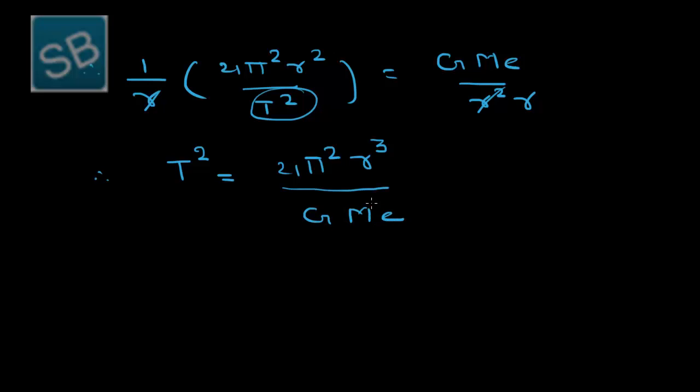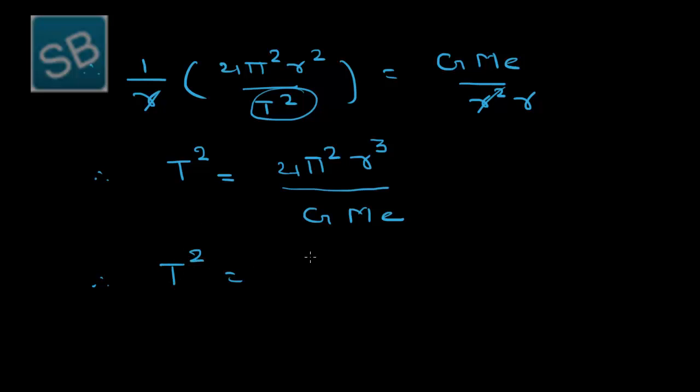Now in this particular equation, some of the terms are constant. See, this 4 is constant, pi square is also constant. The value of universal gravitational constant and the mass of the earth is also constant.